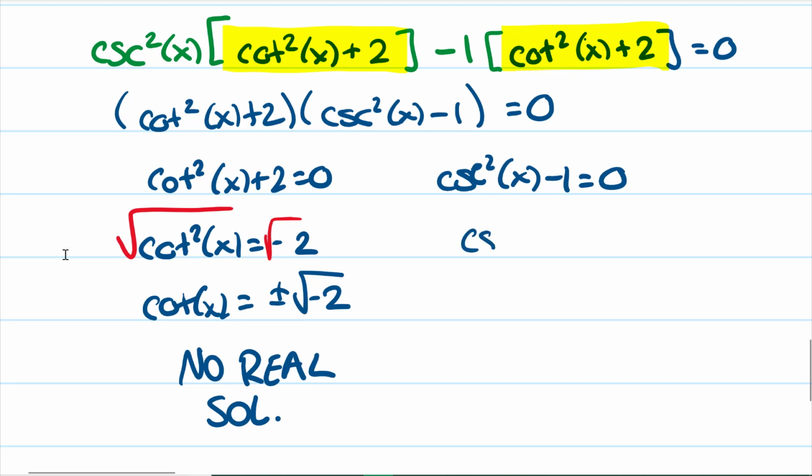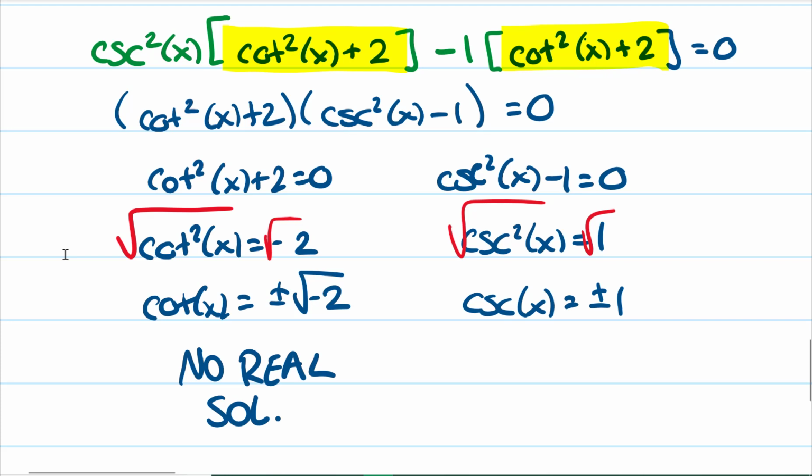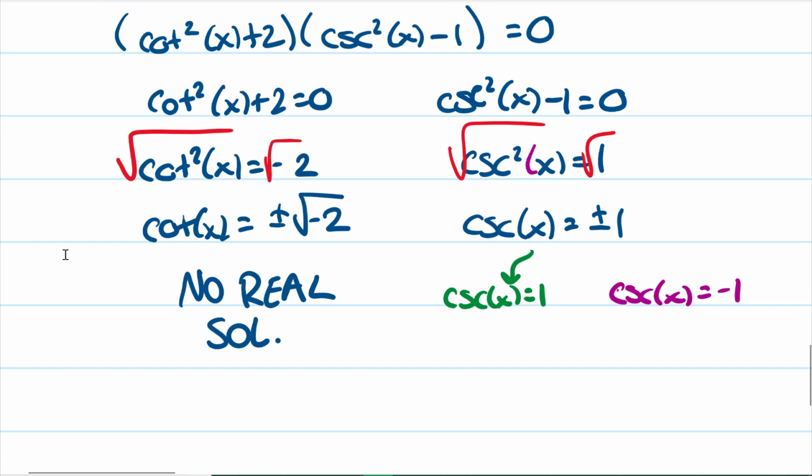And then for cosecant squared, we're going to add 1 to both sides and then take the square root again. So you get cosecant of x is equal to plus or minus 1. So this is going to become two problems now. Cosecant of x is equal to 1, and cosecant of x is equal to negative 1.